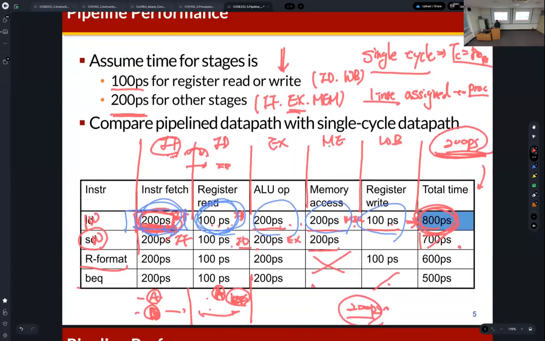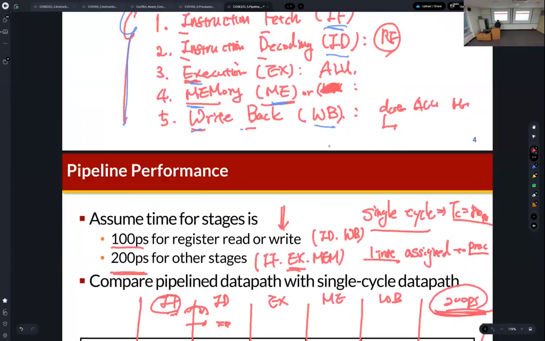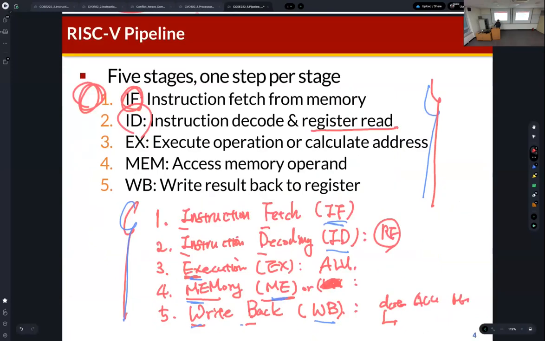So what is the benefit? I mentioned it when I explained pipelining. In the first clock, instruction fetch is performed, and in the next clock, the ID step is performed.